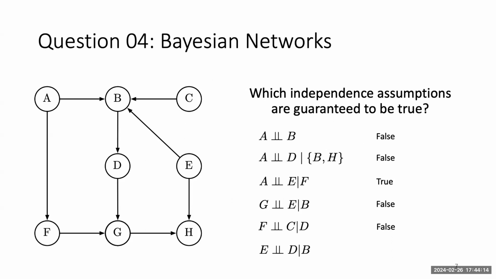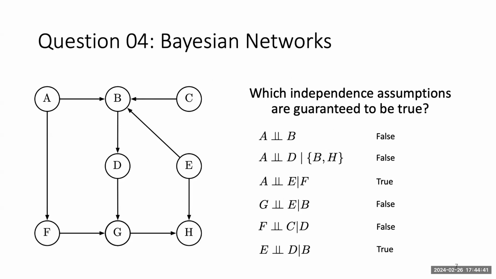Last one, E is conditionally independent of D given B. All right, I'm just going to move on quickly, but I want to make sure we get to the last two questions as well. I know this is going a bit quickly, so you can always think more about it in your own time. All right, true. Why do you think?